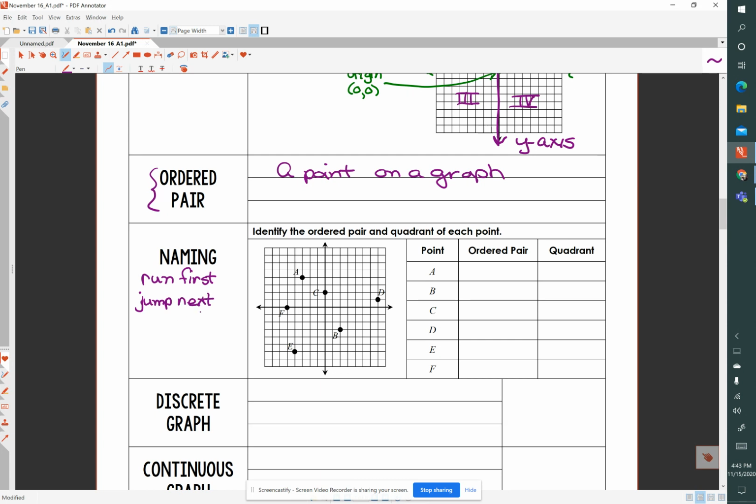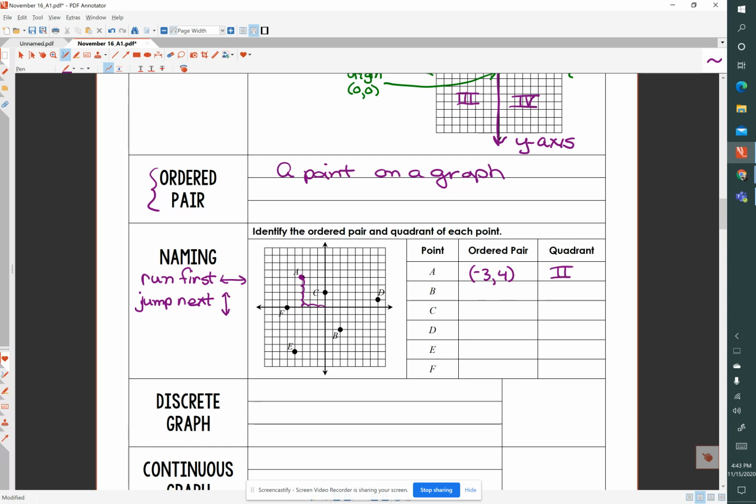So we're always looking at the x-axis as the first number in the ordered pair and the y-axis for the second number. So the first number, point A, would be negative 3, then 1, 2, 3, positive 4, 1, 2, 3, 4. And there's A. So we write that negative 3, comma, 4, and that lies in quadrant 2.